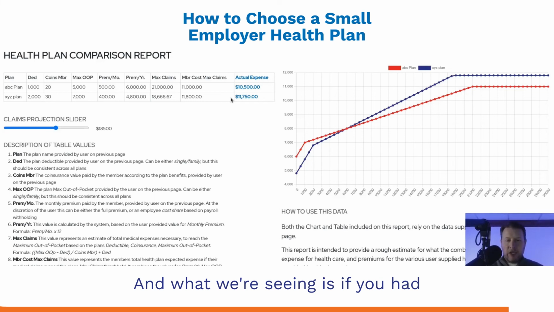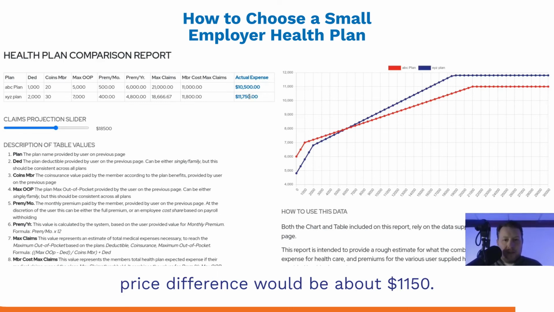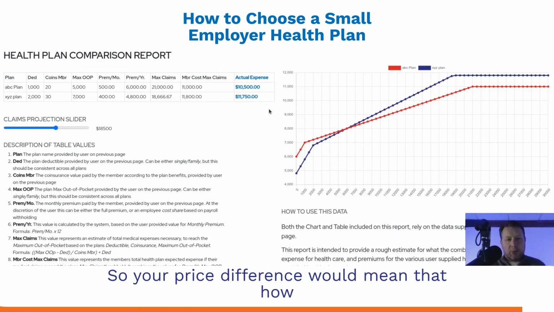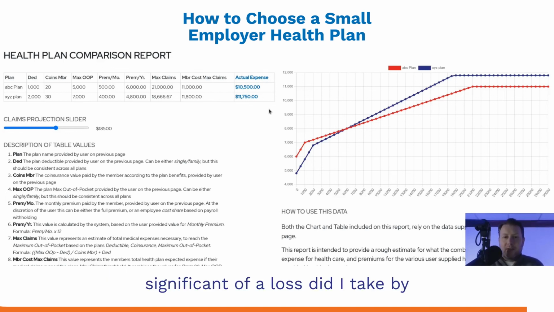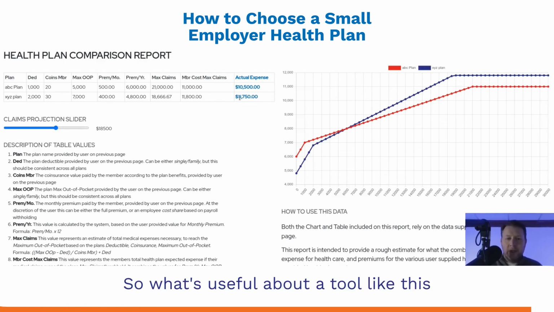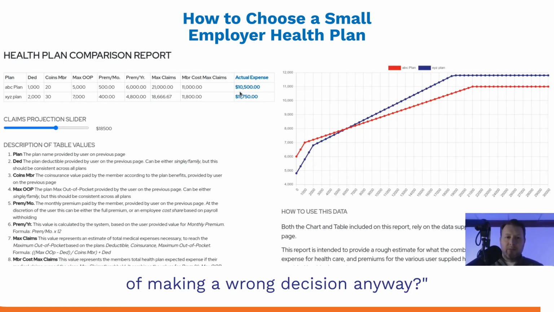And what we're seeing is if you had chosen the blue plan in this case, your price difference would be about $1,250, or $1,150. So I'm doing 11,750 minus 10,500. So how significant of a loss did I take by choosing the wrong plan? About $1,250. So what's useful about a tool like this is not just which plan do I choose, but if I make the wrong decision, how much do I need to sweat the implication of making a wrong decision?